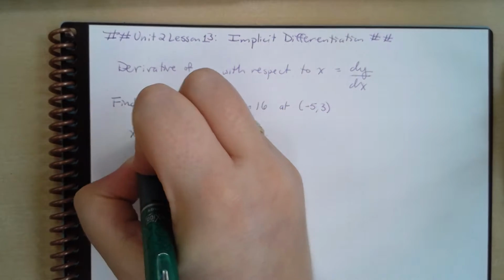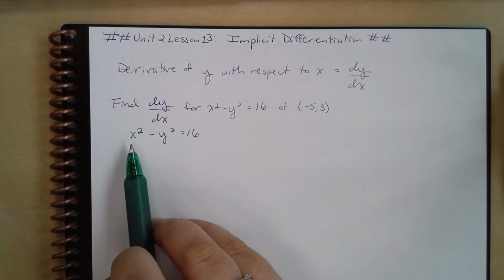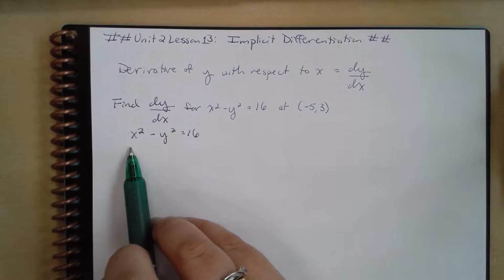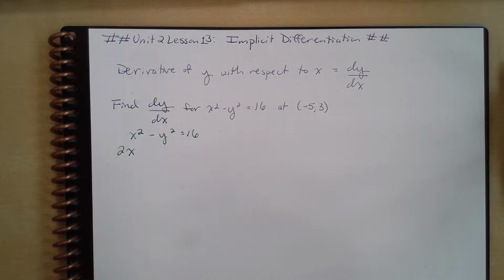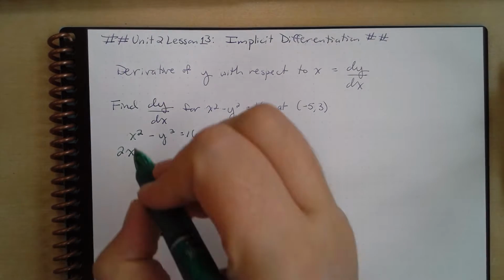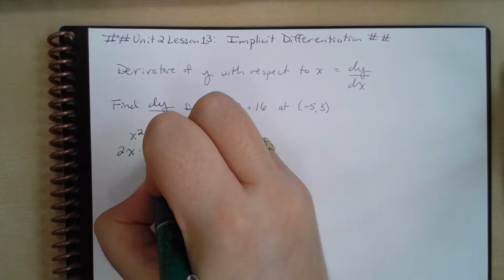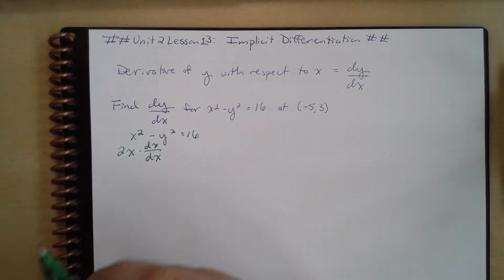We have x squared minus y squared equals 16. First, I'm going to take the derivative of x squared. That's equal to 2x. And because I'm finding this derivative with respect to x, I'm going to show you the long way here, I'm going to multiply by dx over dx. Okay? So I found the derivative of my first term.